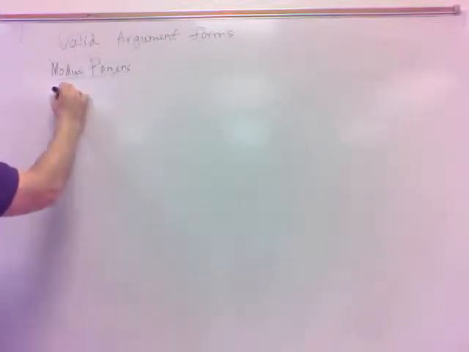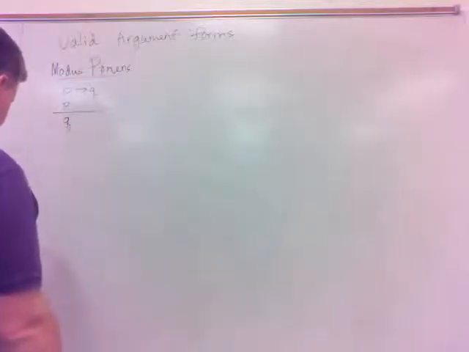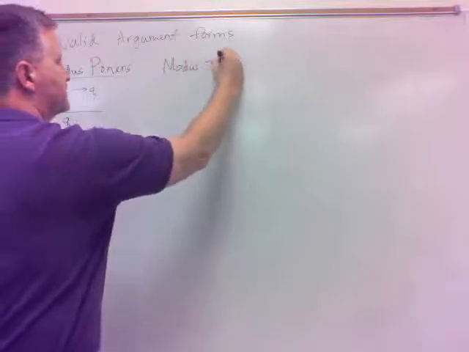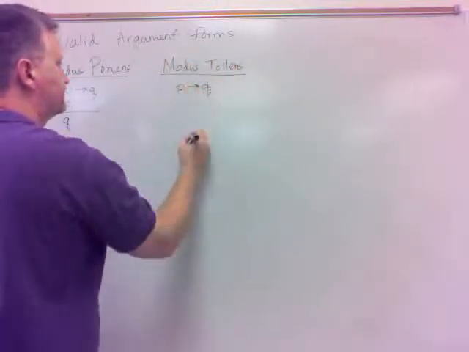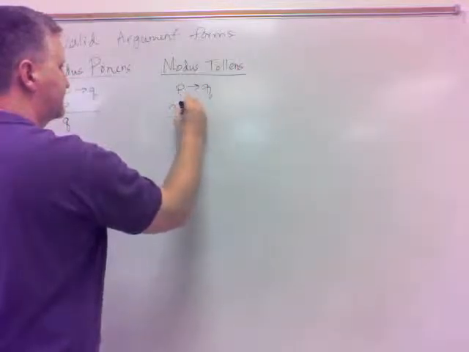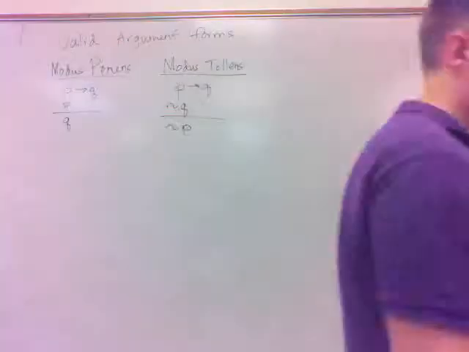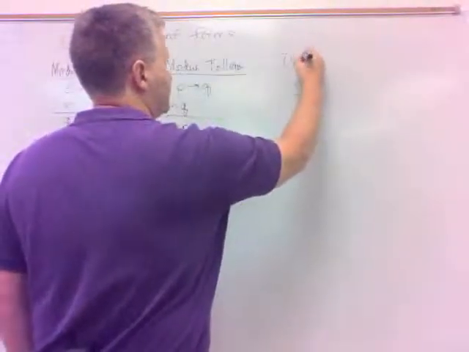Modus ponens goes P arrow Q, P, therefore Q. Does that one look familiar? Yeah, that's the first one we did. Then we have modus tollens. It goes P arrow Q, not Q, therefore not P. Then we have disjunctive syllogism.